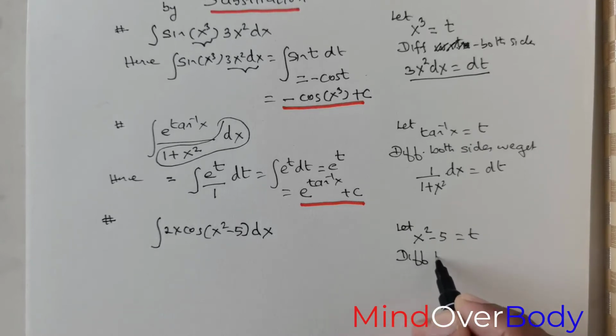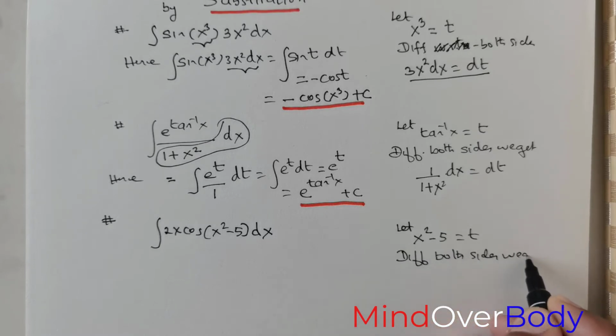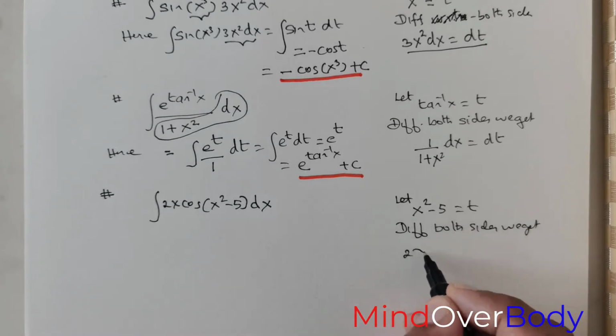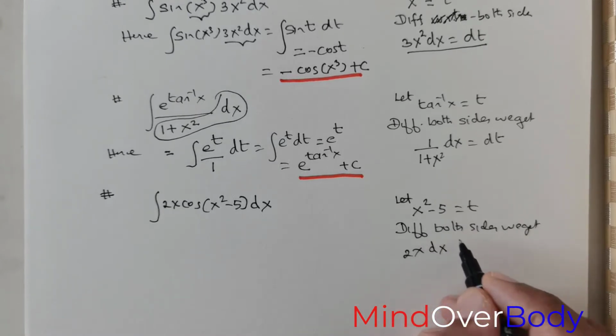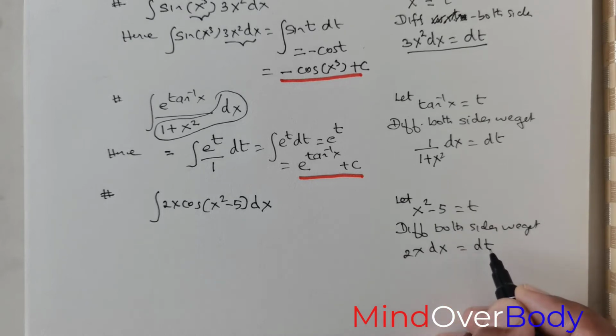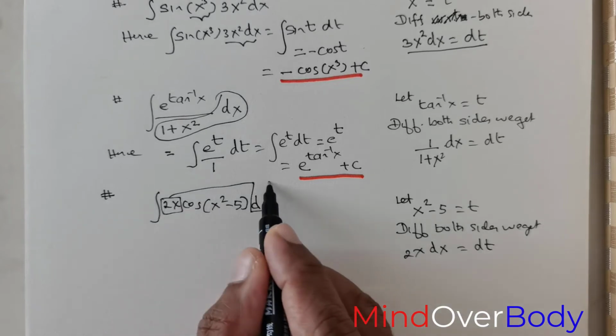Differentiating both sides, what do we get? The differential of x squared is 2 times x times the differential operator. The differentiation of a constant is 0. The differentiation of t is going to be dt. So we get 2x dx.